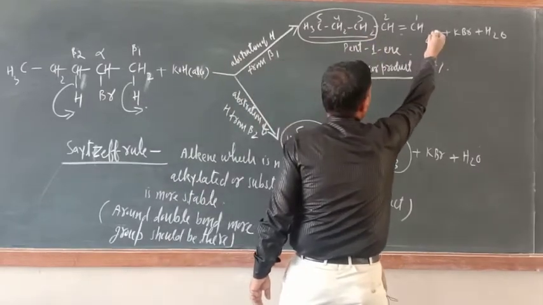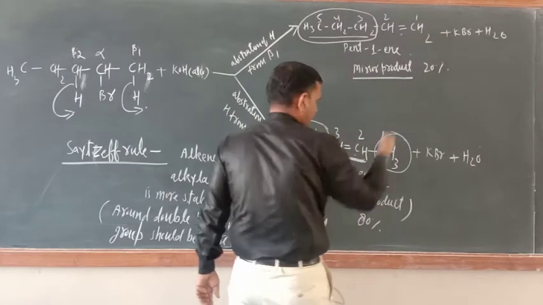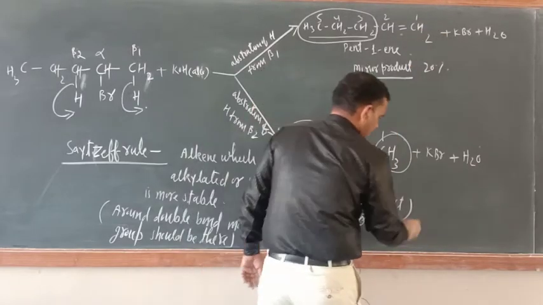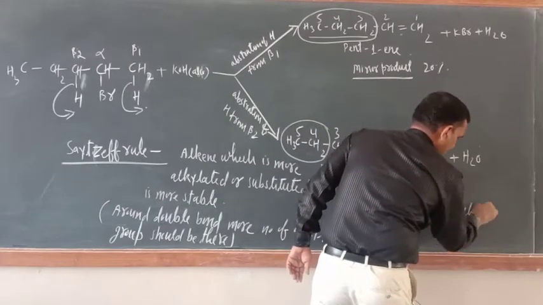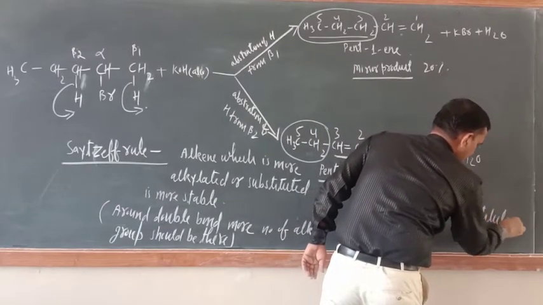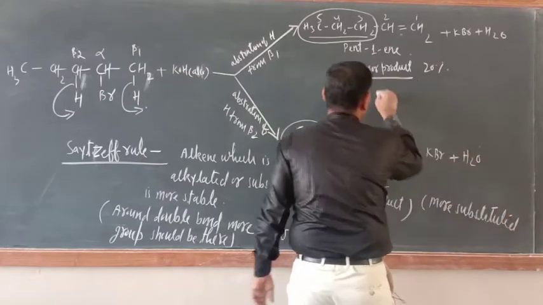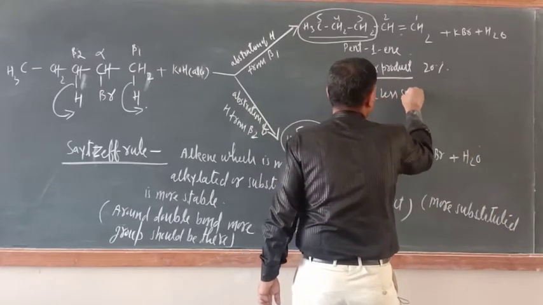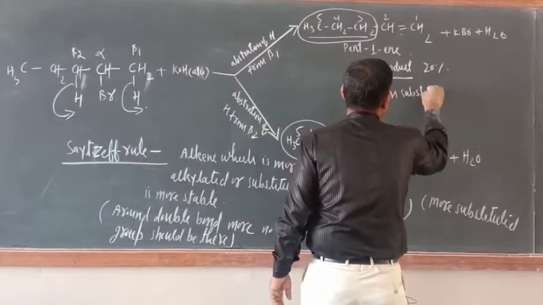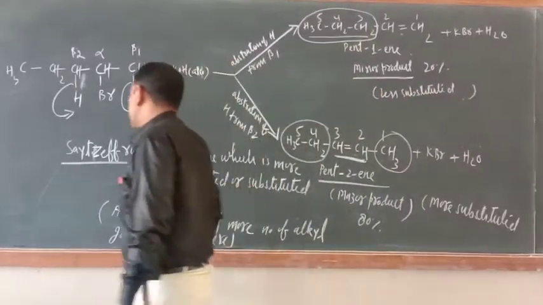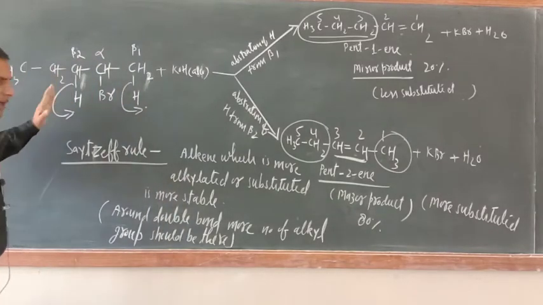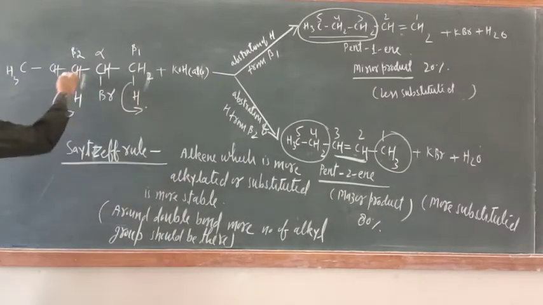This side no alkyl group. So this is less substituted. This is more substituted. Here you can write more substituted, here less substituted. Okay. So now in this way, when a 2 degree alkyl halide is there, you can write down their names also.